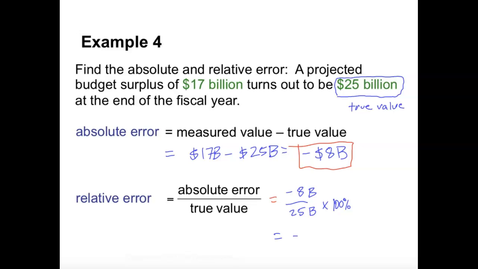What we end up with is negative 32%. The negative just indicates that it was an error on the low side, right? It was under projected. If our error was positive, it would be over projected.